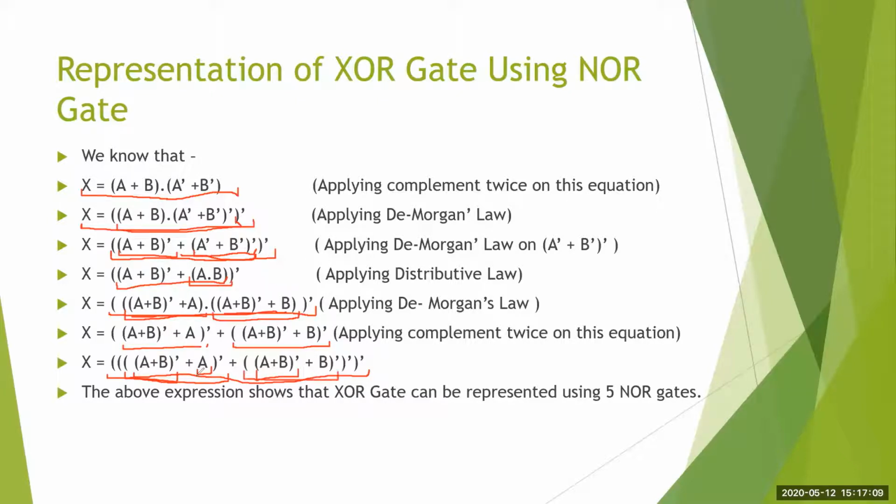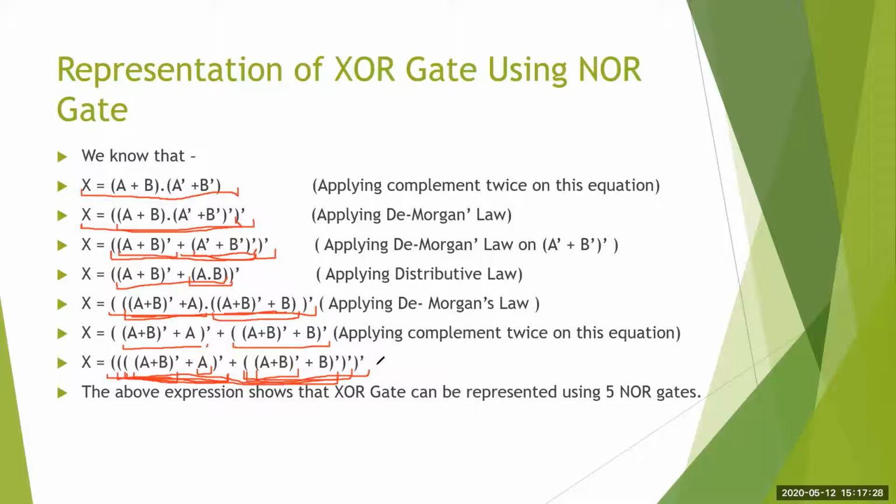And then we can use another NOR gate and apply inputs equal to this term and this term to get this whole term, except the outer complement, as a result.